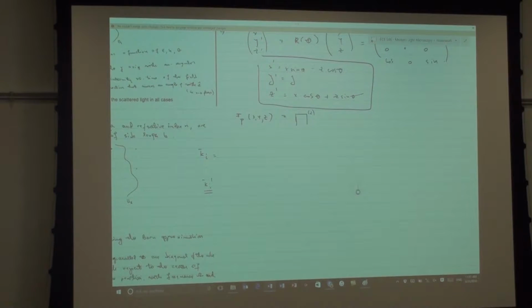Okay. So this is now the disk, right? So this is the square root of x sine of theta minus z cosine of theta, squared. So this is my new x, this is x prime, plus y squared, over 2r.